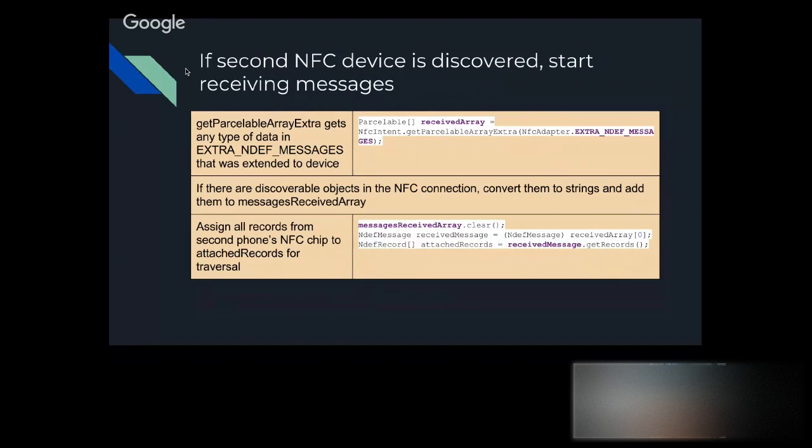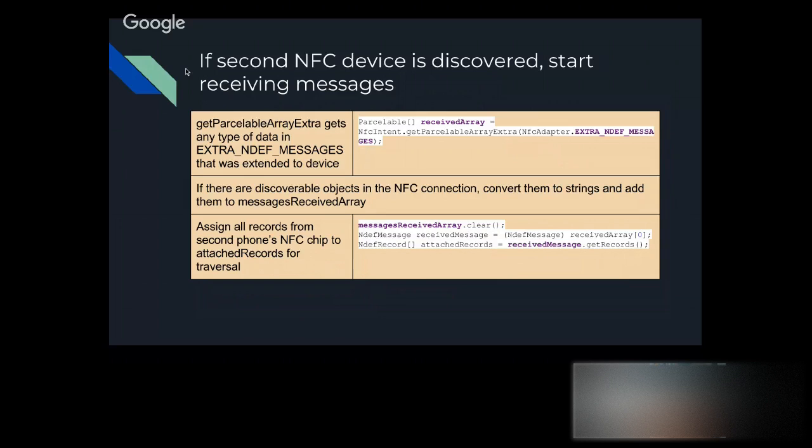Once the second NFC device is discovered, we can also start receiving messages. So the method getParcelableArrayExtra gets any type of data in the extra NDEF messages variable, which is basically a variable that stores information that was extended to you from the second NFC chip.